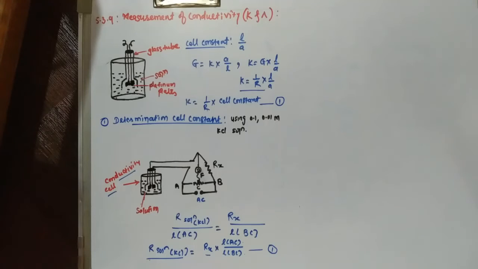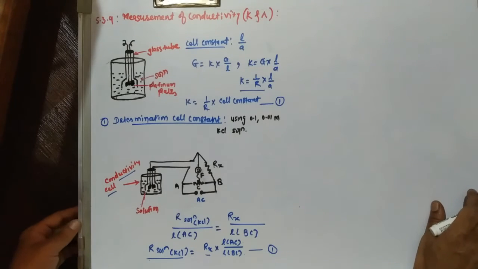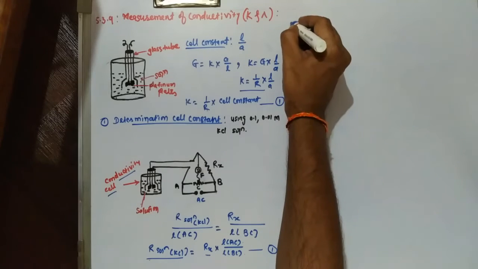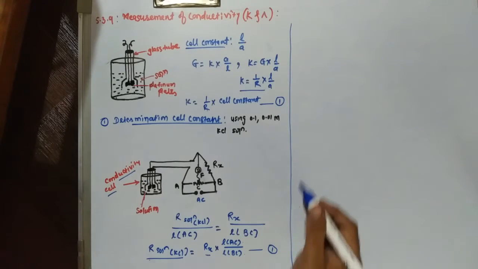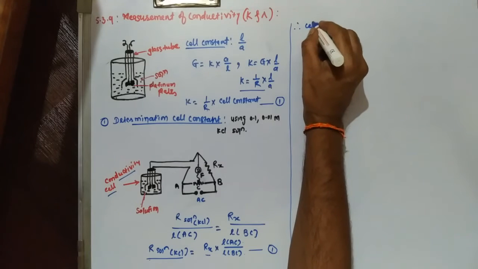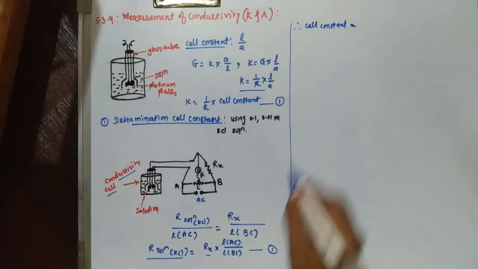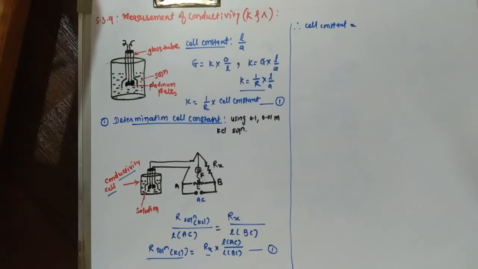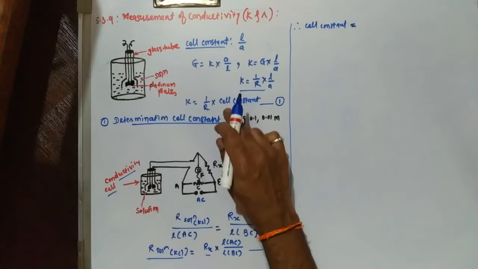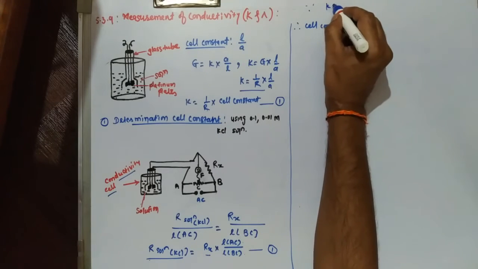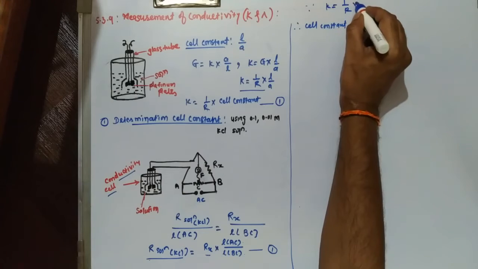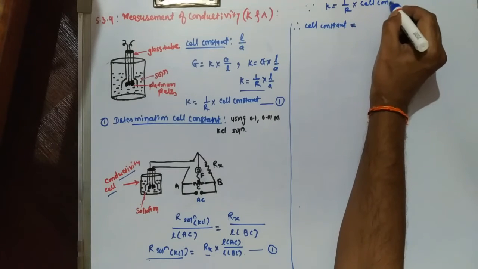So here, therefore, the cell constant can be calculated by the formula. Here I will show you. Therefore, cell constant is equal to, from this equation, take the equation K is equal to 1 by R into cell constant.